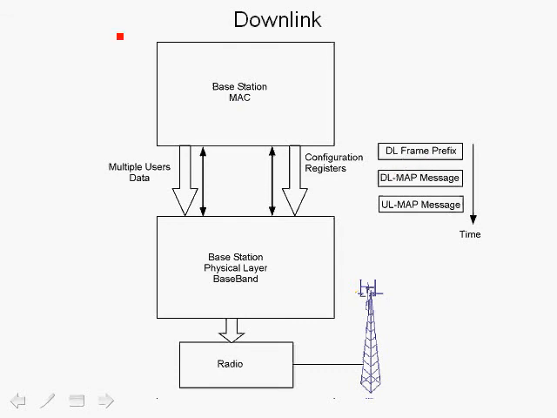Then it follows that with a downlink map and the uplink map message. These are stored in the base station physical layer, the baseband, and based on the information in the downlink map, uplink map, and in particular the downlink frame prefix initially, the baseband generates the data in a particular format, encoding the OFDM symbols and transmitting them.